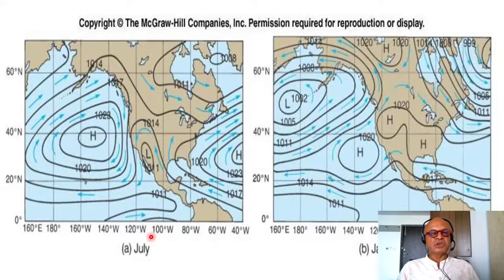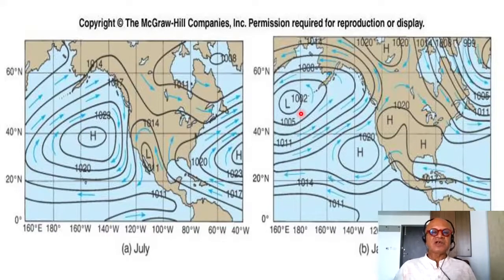So here it is in July. We will see that in July there is a high pressure here, and in January the high pressure has moved further south and has shrunk, and low pressure has expanded.